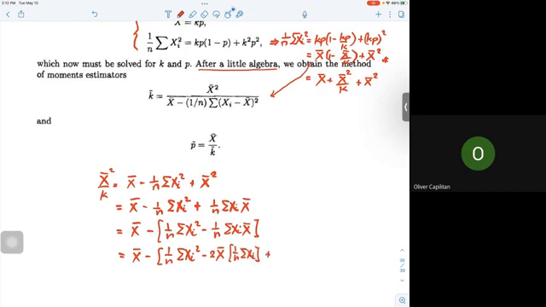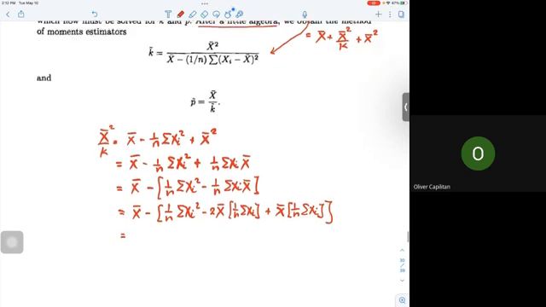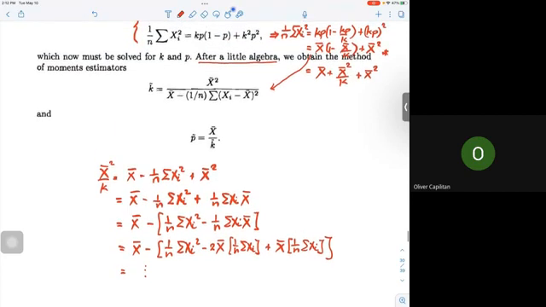So the remaining, we have here xn, then we have x bar, then we have 1 over n, the summation of xi. And then, a little manipulation again, until we arrive at the value of k tilde equal to this expression here.